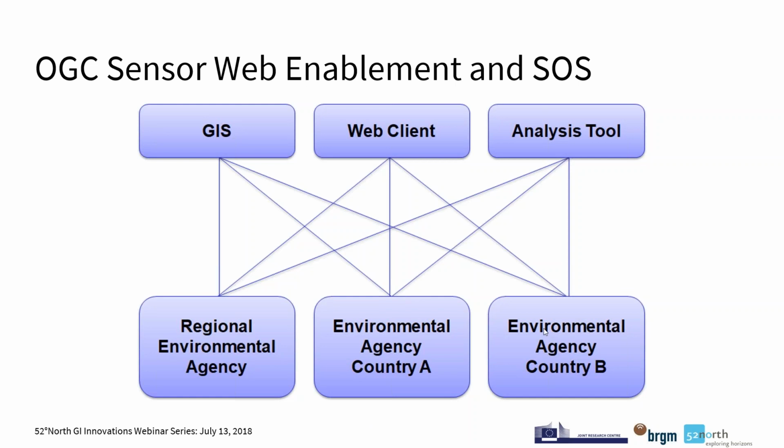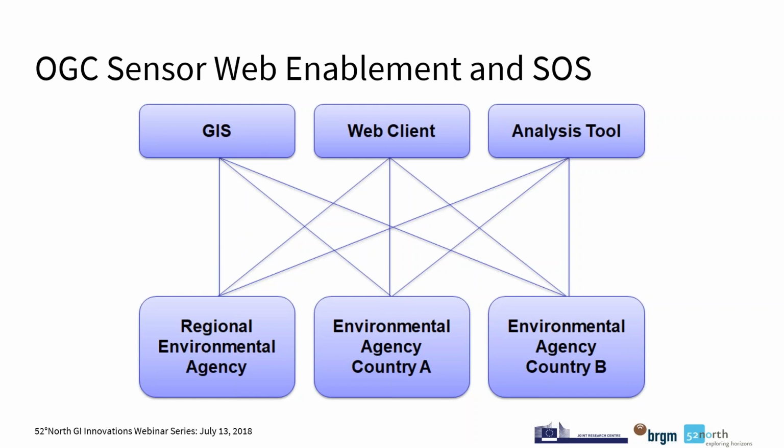So imagine you have 3 environmental agencies, perhaps one regional environmental agency, some national from different countries, and they share their data via the web, and they shall be integrated into different applications like a GIS, a web client, or some kind of analysis tool like a statistics language such as R. You would have to link to each of these data sources from each of these data consumers if you are not using any kind of standard.